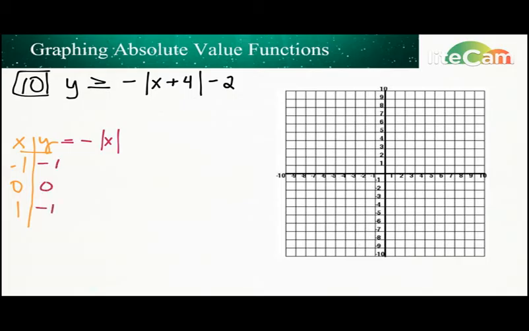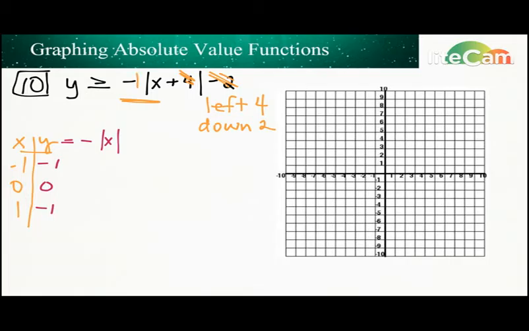And this one's going to be a negative 1 as well. Remember that I'm going to shift this left 4 at the end and down 2. The only thing I'm dealing with is the negative 1 with the absolute value of x.